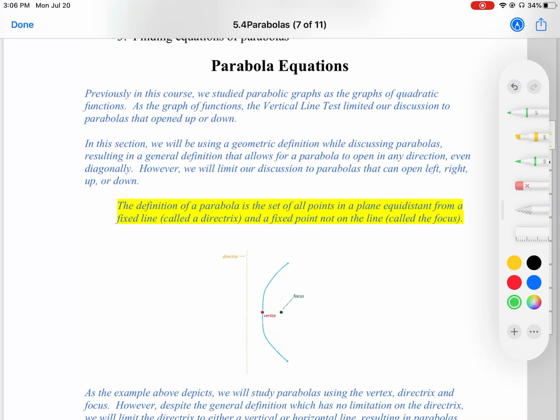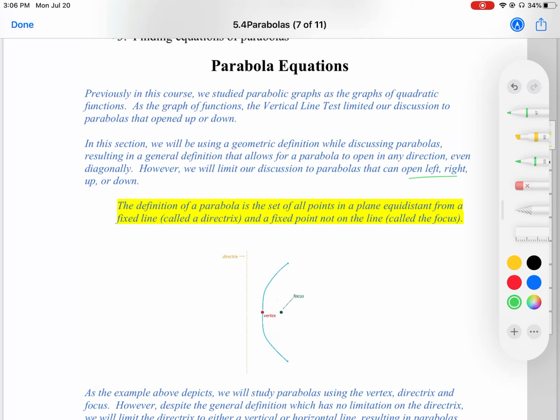As the graph of functions, the vertical line test limited our discussion to parabolas that opened up or down. In this section, we'll be using a geometric definition while discussing parabolas, resulting in a general definition that allows for a parabola to open in any direction, even diagonally. However, we will limit our discussion to parabolas that open left, right, up, and down.